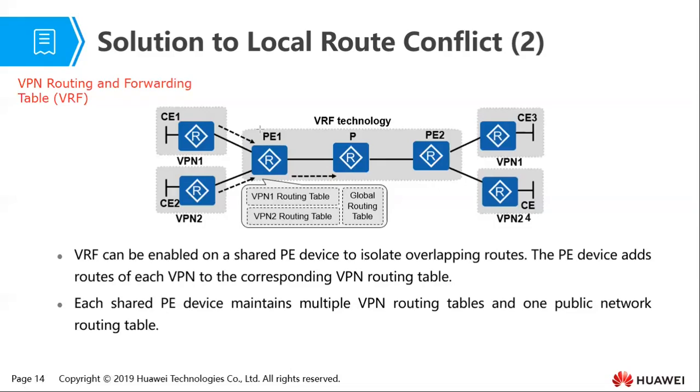Each PE device will create a VRF instance for each of the VPNs. So you see, really we are simply creating a table for VPN1 and a table for VPN2, like that.